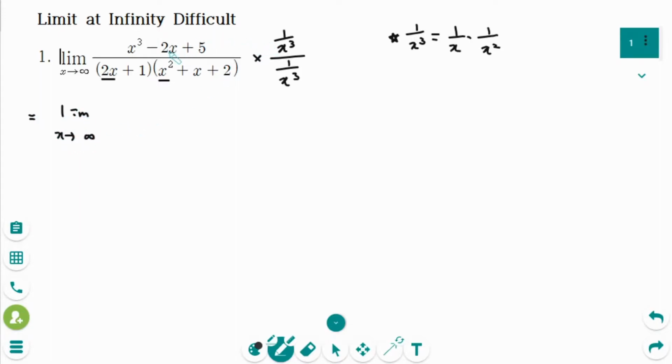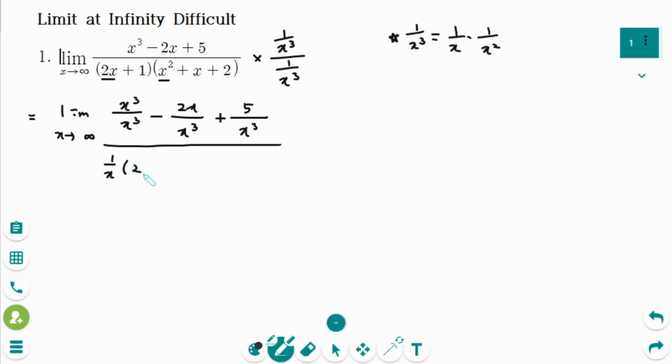And this one is x cubed over x cubed. 2x over x cubed plus 5 over x cubed over this one is 1 over x times 2x plus 1. This one, the leftover is x squared, right? Like this.